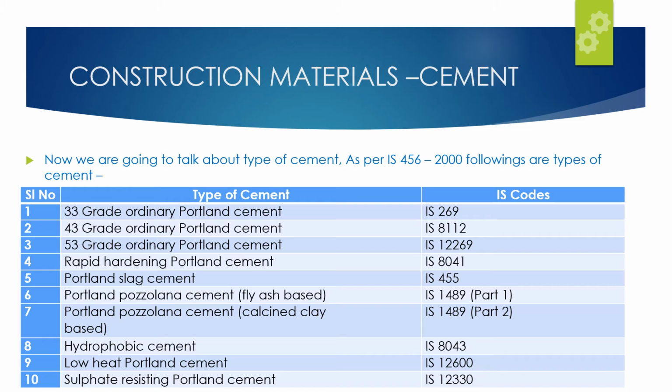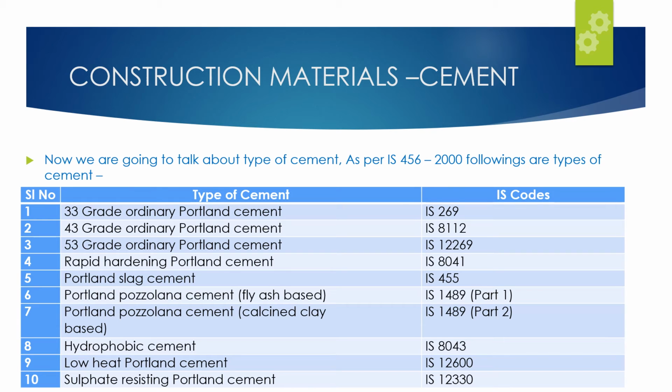Now we are going to talk about types of cement. As per IS 456-2000, the following are the types of cement. 33 grade ordinary Portland cement, the respective code is IS 269. 43 grade ordinary Portland cement, IS 8112. 53 grade ordinary Portland cement, IS 12269. Rapid hardening Portland cement, IS 8041.